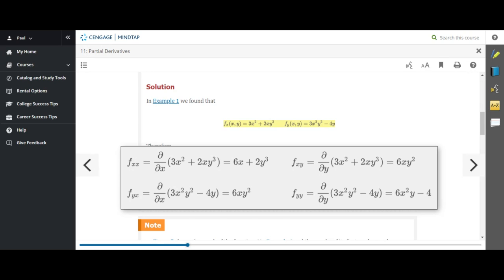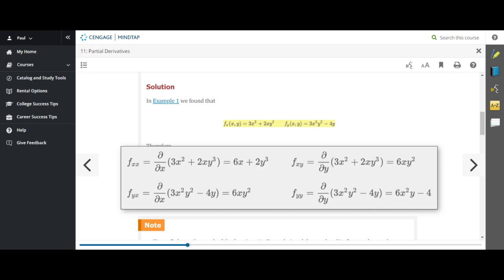So you can have concavity at a point on a surface with respect to the x direction, and concavity at a point on a surface with respect to the positive y direction. So think of a point on a surface. Think of there's concavity in the x direction and concavity in the y direction at that point on the surface.